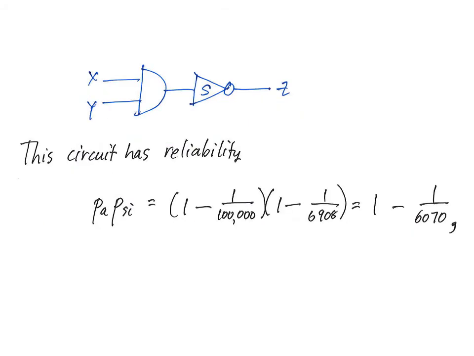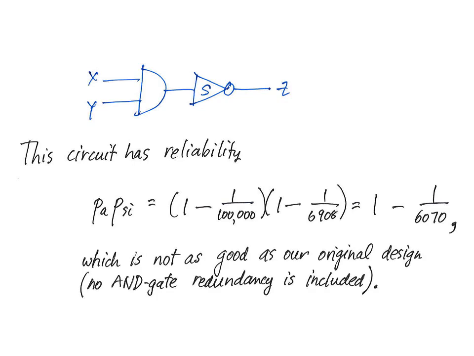Now when we put that following the AND gate, we get an overall reliability of 1 minus 1 over 6070, which is not as good as what we had previously using the majority gate.